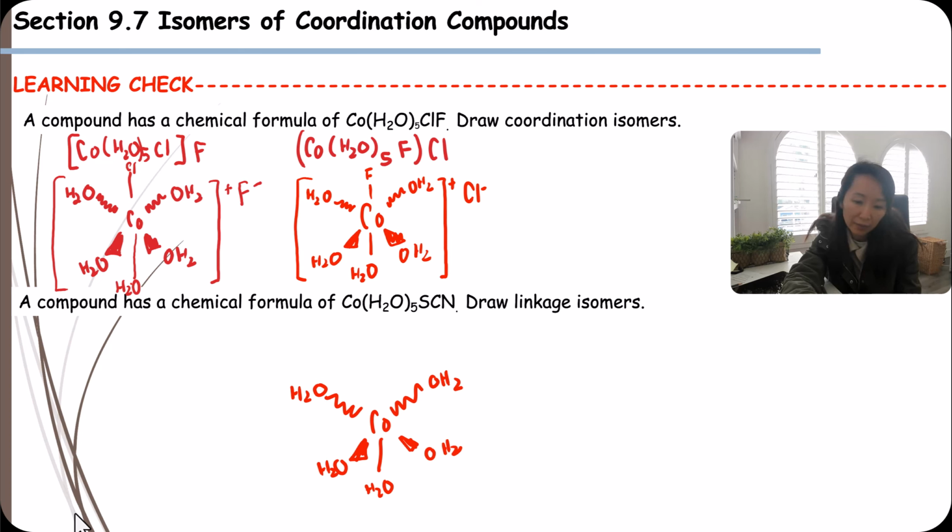Now we have thiocyanate, which is going to attach potentially to S, C, N. I believe this will become a triple bond. You're not required to know how it looks, but this comes with practice. As long as it shows that it's attached to either S or N, that'll be okay.